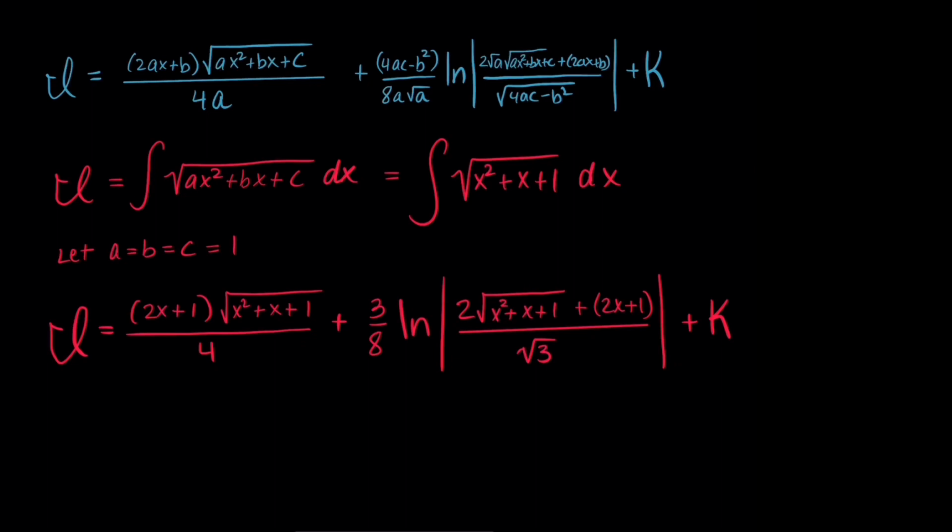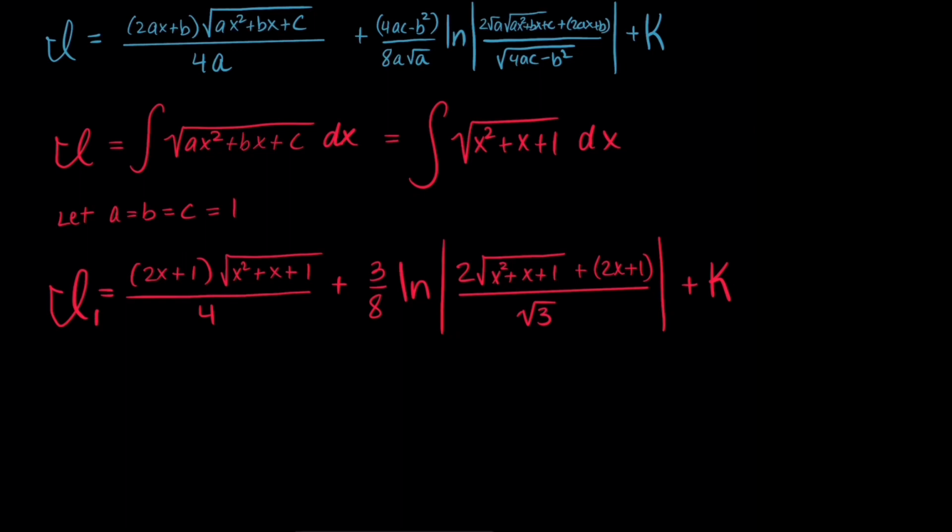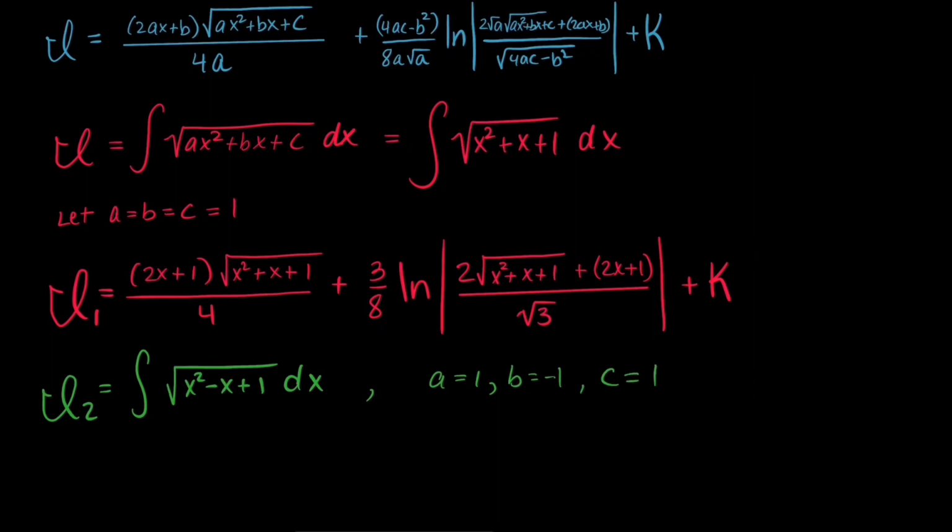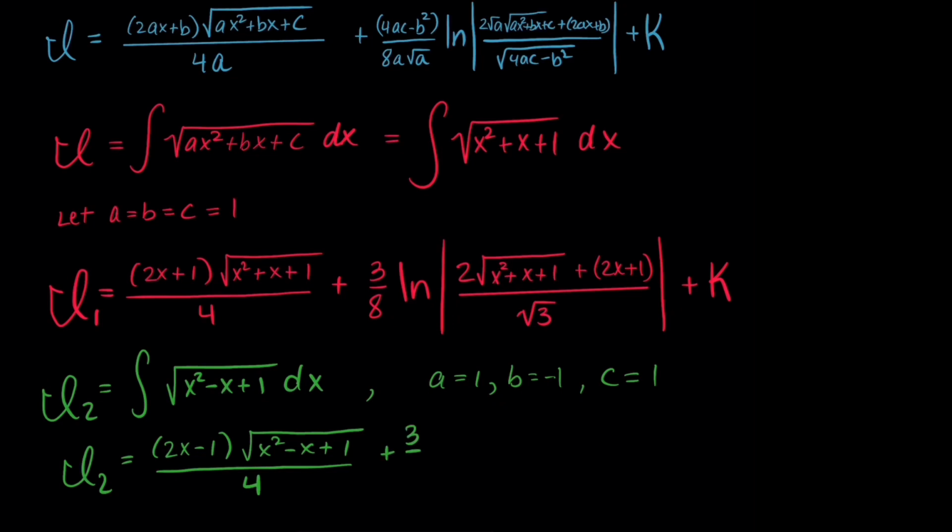Now we'll call this integral 1, example 1, with the quadratic x squared plus x plus 1. And I'm going to do a quick one here for the quadratic x squared minus x plus 1. So by doing these two integrals, we'll call them I1 and I2. Once we know the formula and the recipe for how these two work, it'll tie everything together to solve the ultimate integral for our MIT integration bee problem.